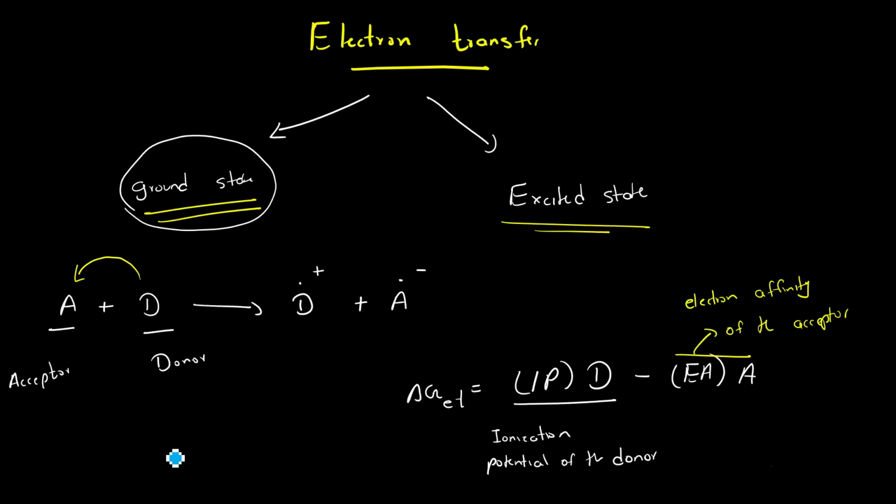Here, just like this one, this is the expression that we have obtained for the delta G in the ground state. As you can see, there are two terms representing the donor and acceptor. In this case also there are two terms. Here we are representing the delta G for electron transfer. Now we have basically the same two terms.